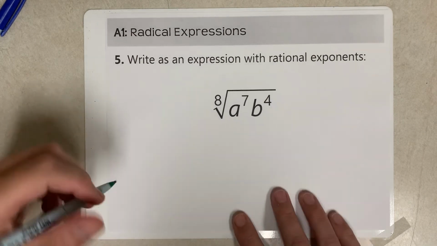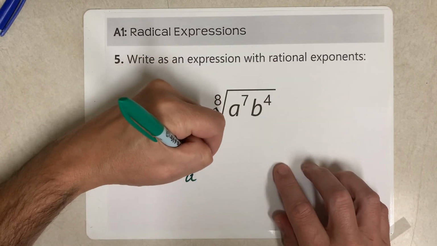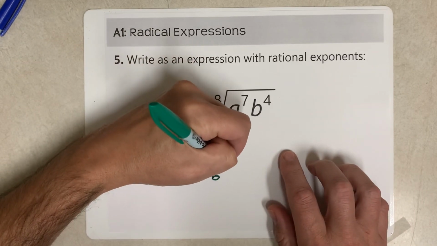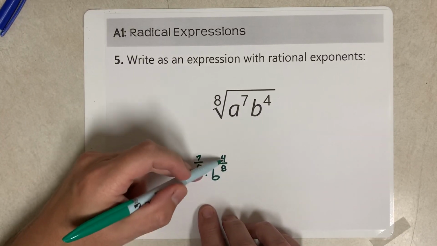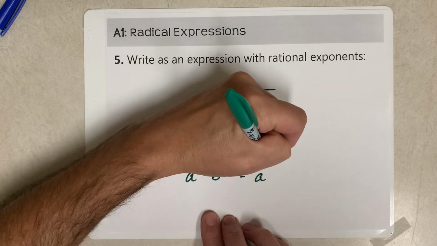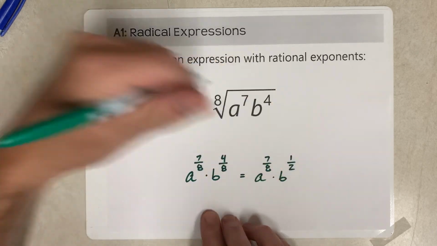So this one is going to be a to the 7/8 times b to the 4/8. All right, so can we simplify any of these? We can take the 4/8 and reduce that down to 1/2. And so a to the 7/8 times b to the 1/2 is a better final answer for that one.